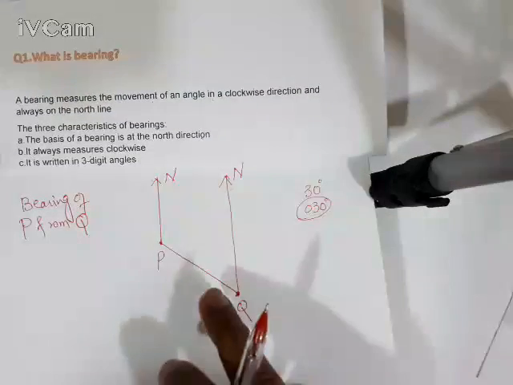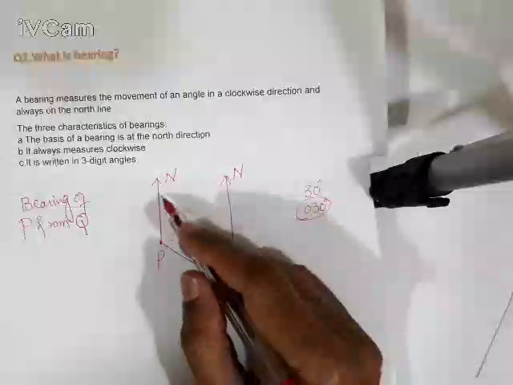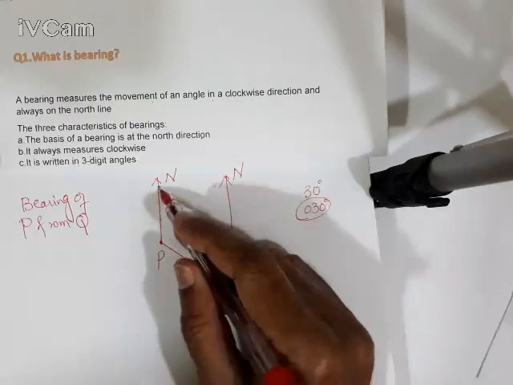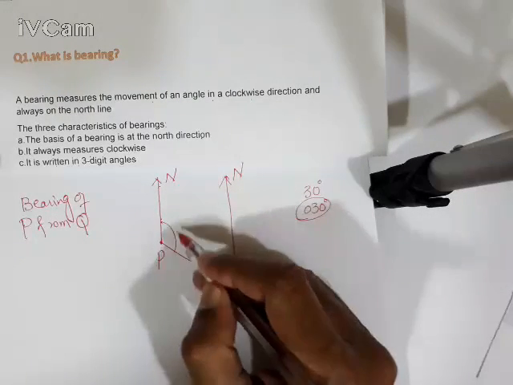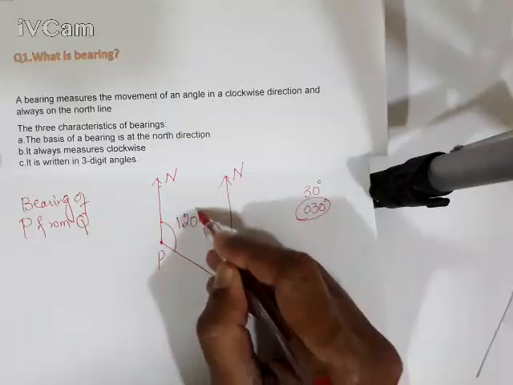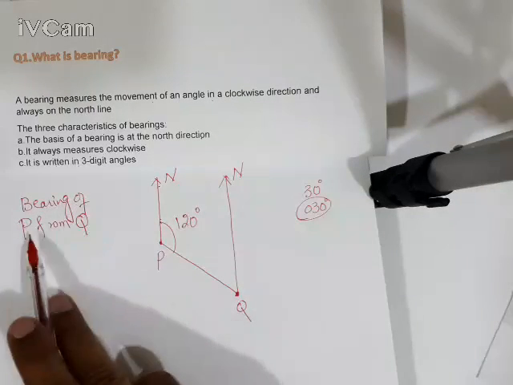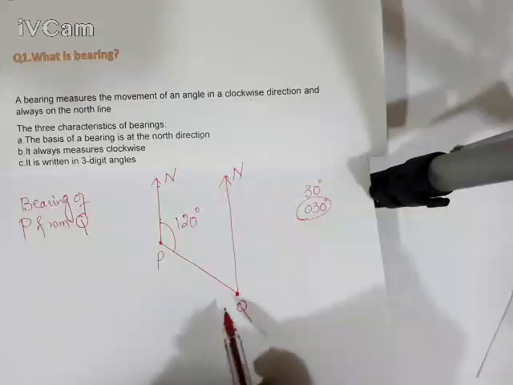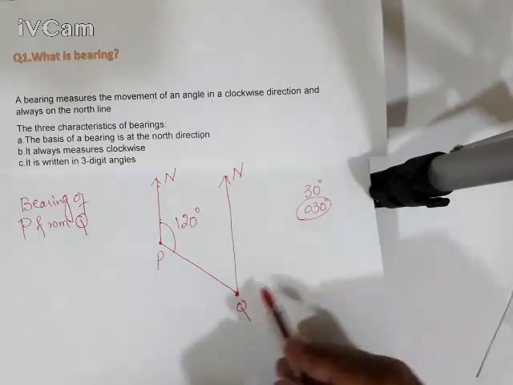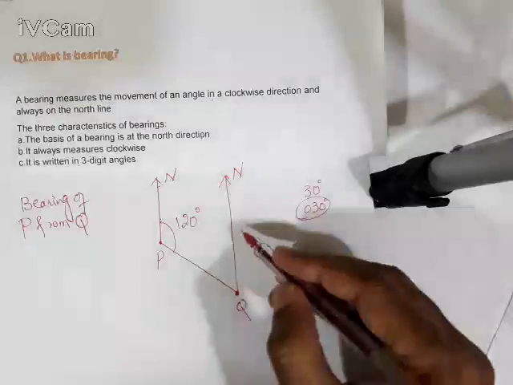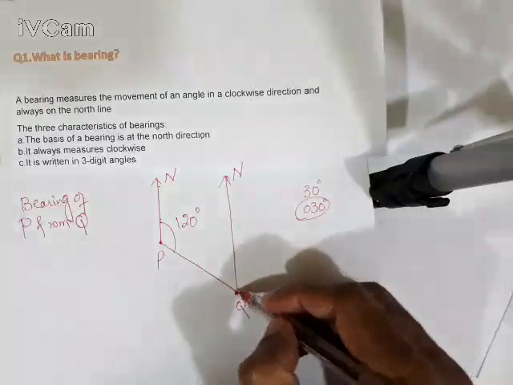Now how will you calculate this bearing? Let us suppose the angle on this side is 120 degrees, and the question is the bearing of P from Q. So Q is your reference point, so we have to start from the north side.